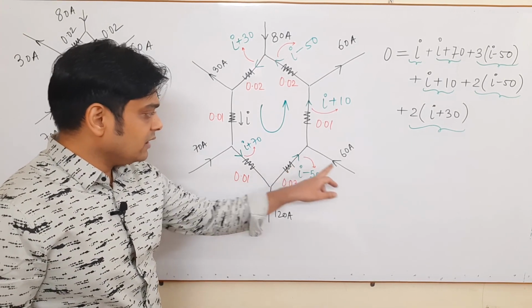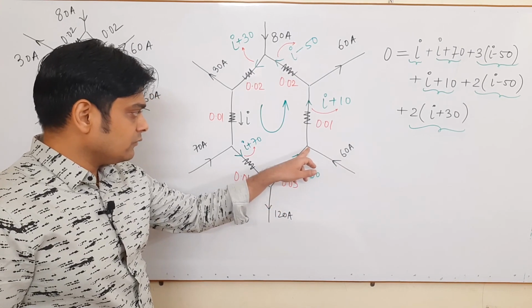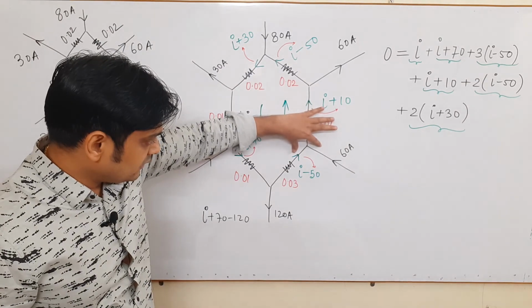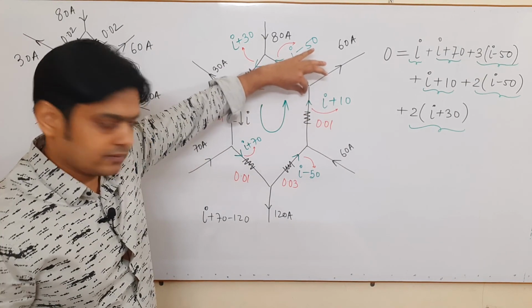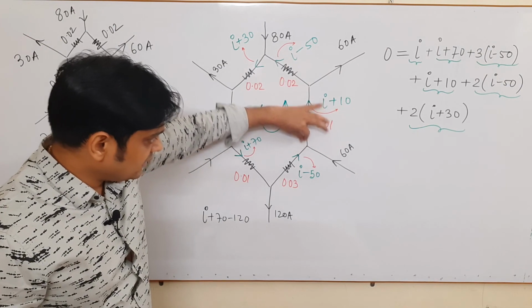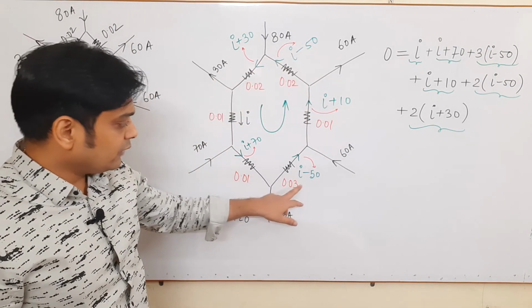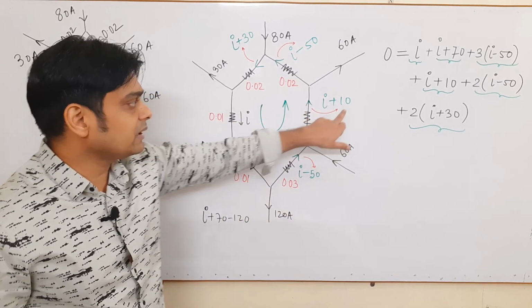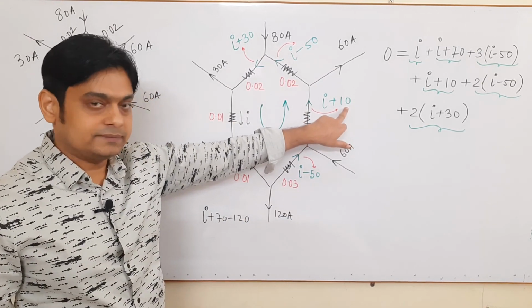Similarly, when you come here, this 60 ampere is coming towards this branch and this current is also coming here. So these two currents are added here and enter here. Yes, very simple. This current coming here, this current coming here, it is added and now it enters into this branch. So when I minus 50 and 60 are added, the current flowing in this branch will be I plus 10.